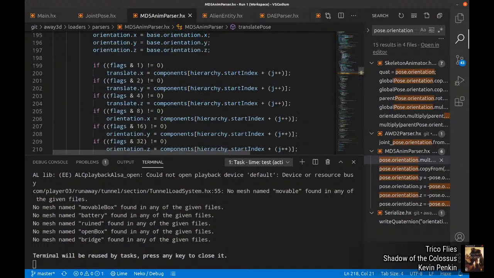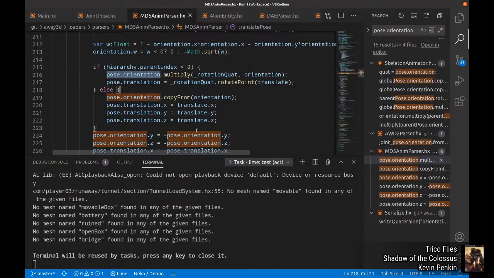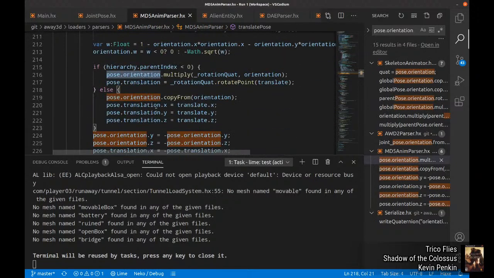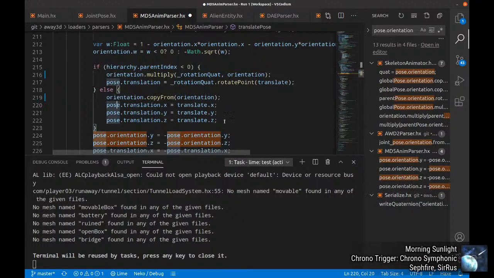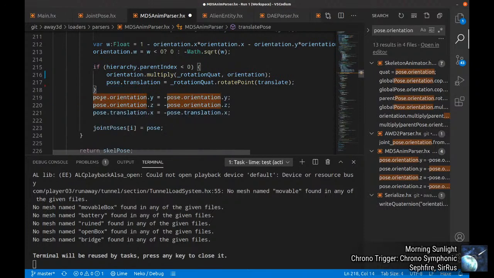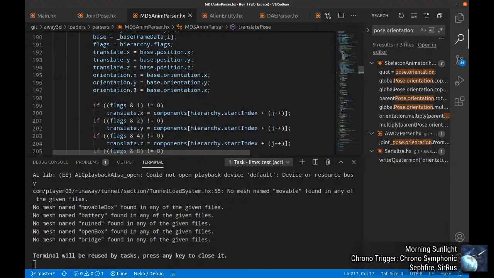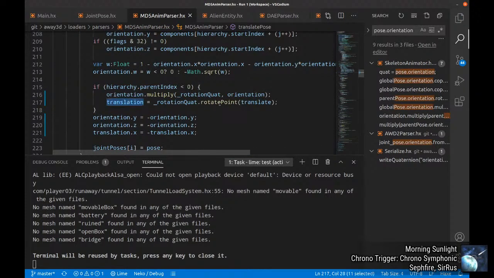Whoa, that is some direct quaternion manipulation. Weird name for a variable.